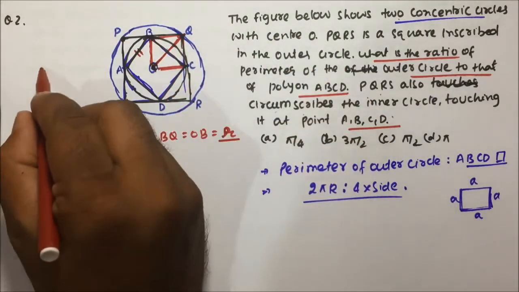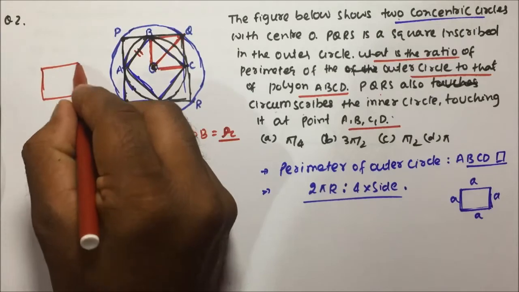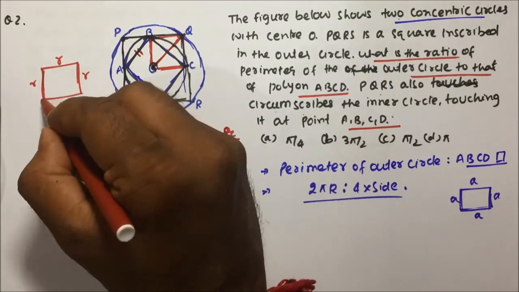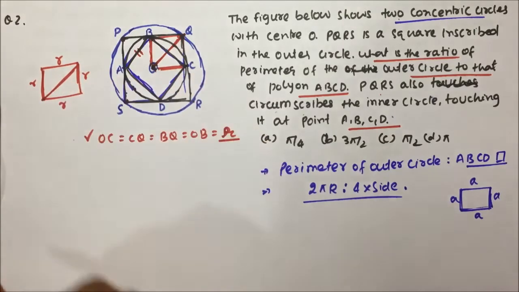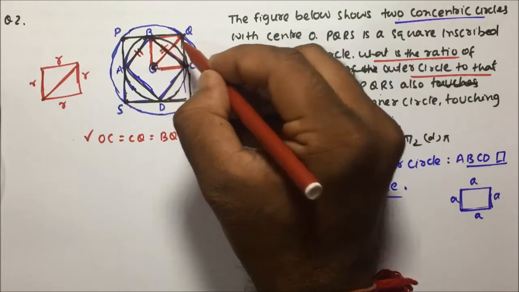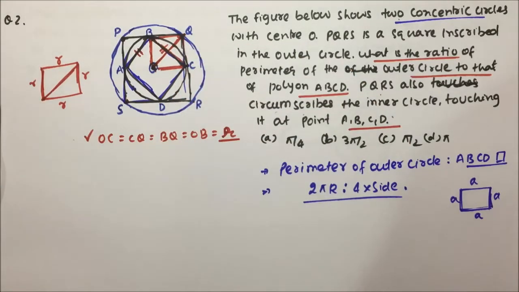If you have a square with side r, then this becomes your diagonal, and this also becomes your diagonal, and this also becomes your diagonal. So calculate the diagonal.